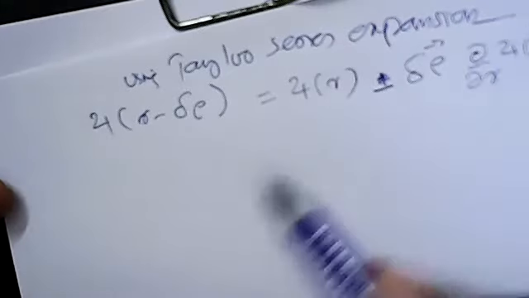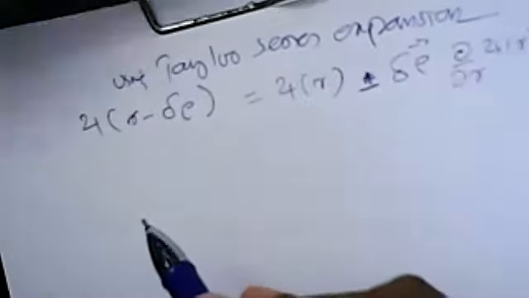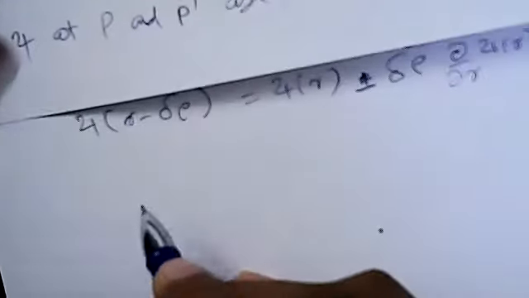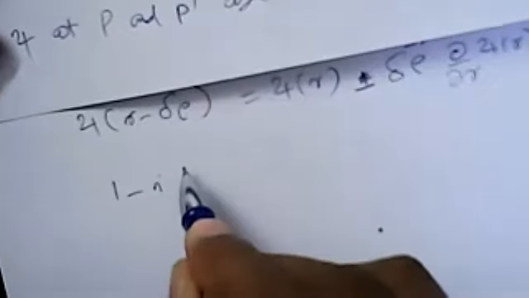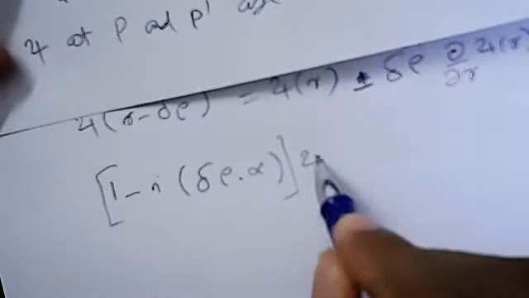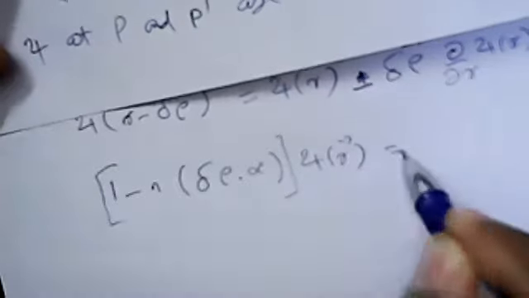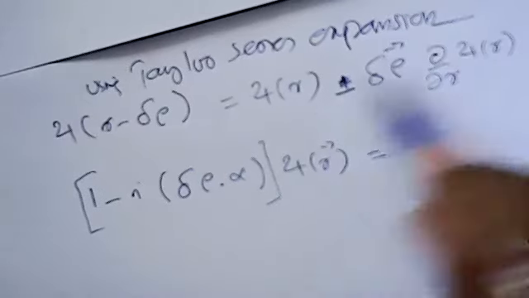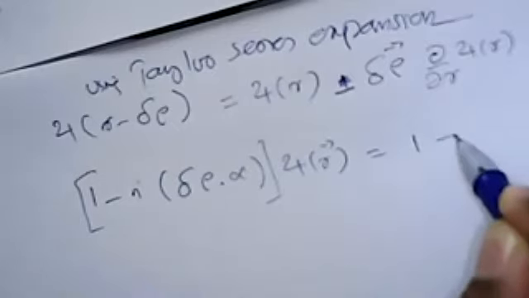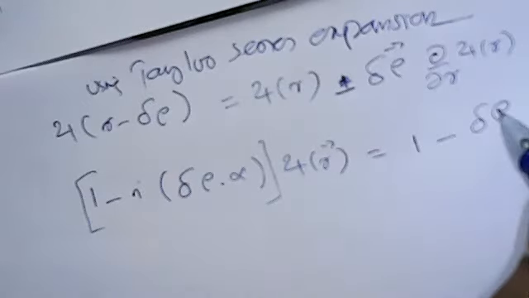So substitute this in the previous equation. So this equation u psi of r, that means 1 minus I into delta rho dot alpha, okay, acting on psi of r. You should write the right hand side. Right hand side is this one. Here also psi of r you can take outside. So you can write 1 minus delta rho.